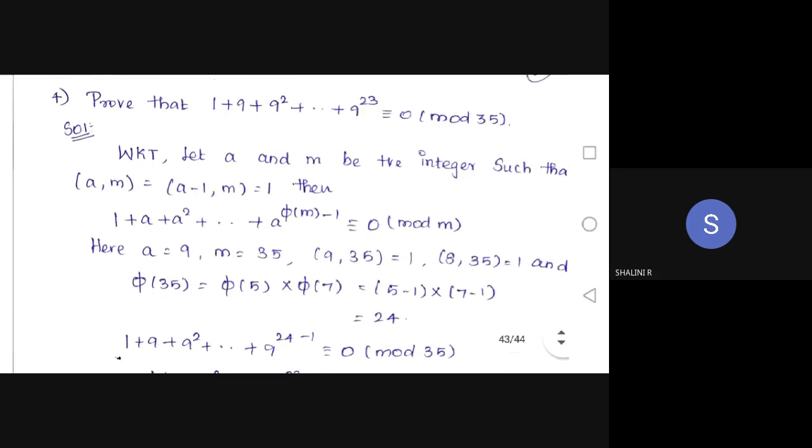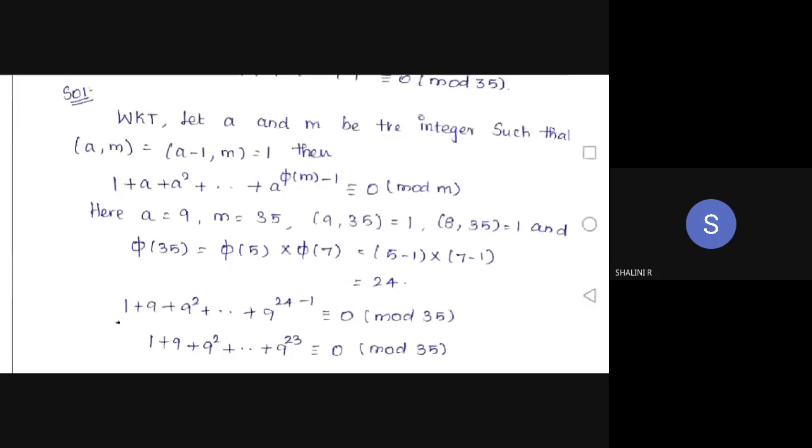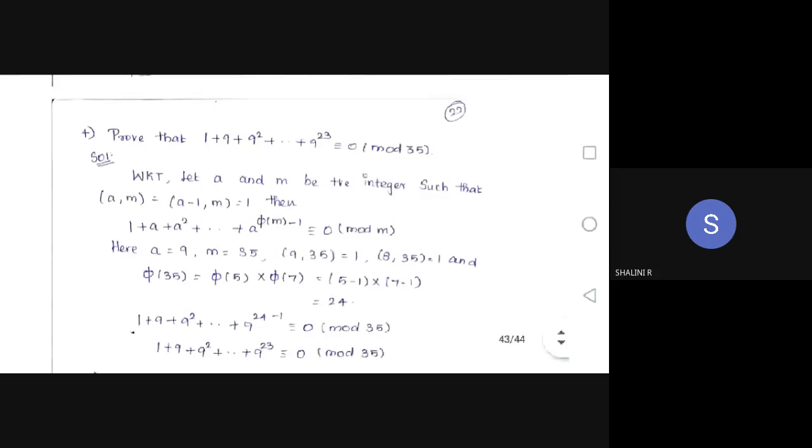Phi of 35 value is 24, so 24 minus 1, which is 23. So we proved 1 plus 9 square plus up to 9 power 23 is congruent to 0 under mod 35.